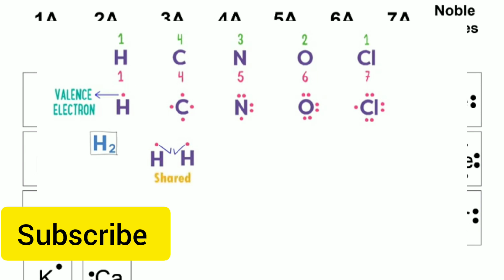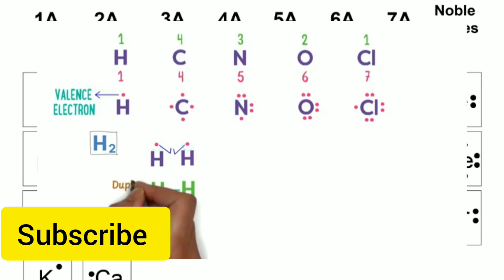It means that 2 electrons or 1 pair of electrons is shared between these 2 hydrogen atoms and we get this structure. Remember that these 2 shared electrons are owned by both hydrogen atoms. Hence, the duplet rule of both hydrogen atoms is completed.